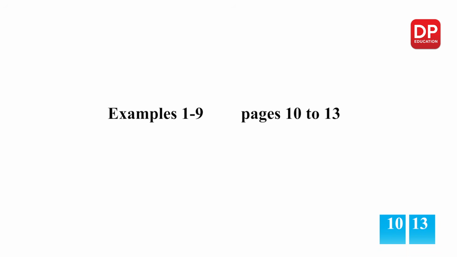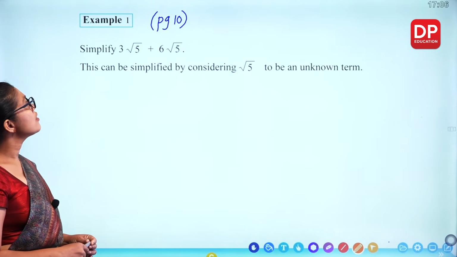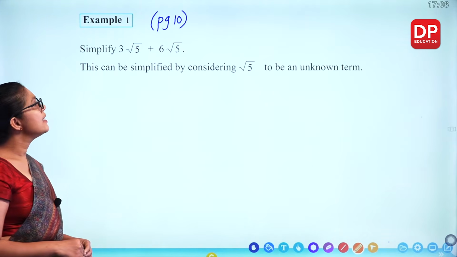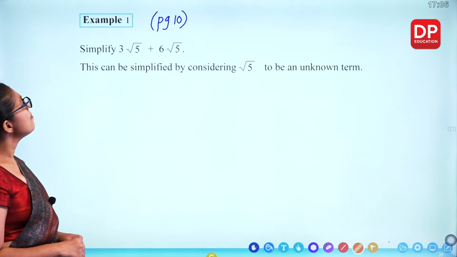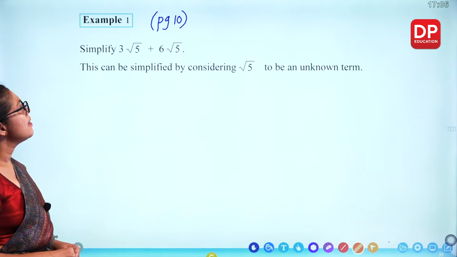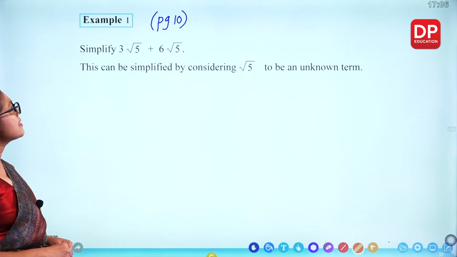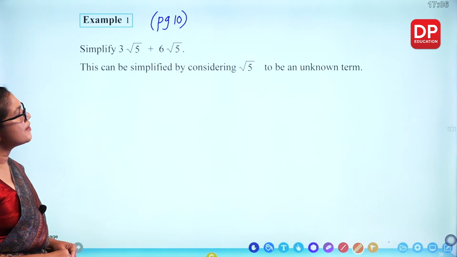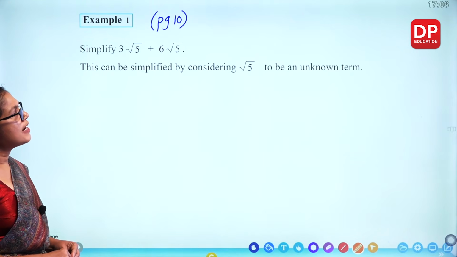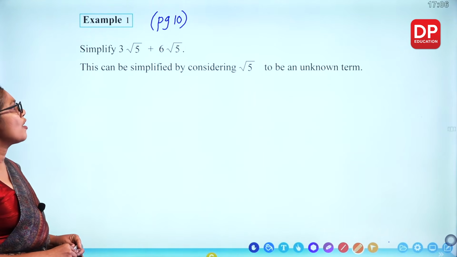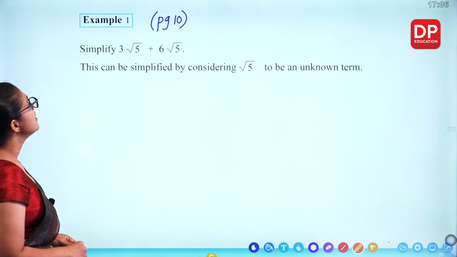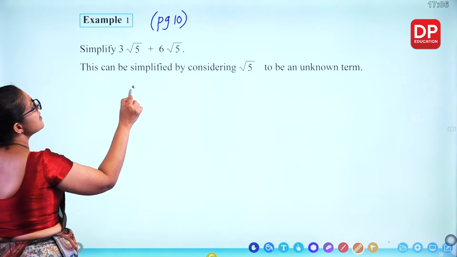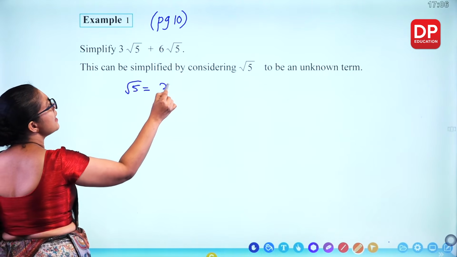Now we'll look at example 1 in your textbook. That's page number 10. It says simplify 3 root 5 plus 6 root 5. This can be simplified by considering root 5 to be an unknown term. So they want the algebraic method. So here I can take root 5 as x.